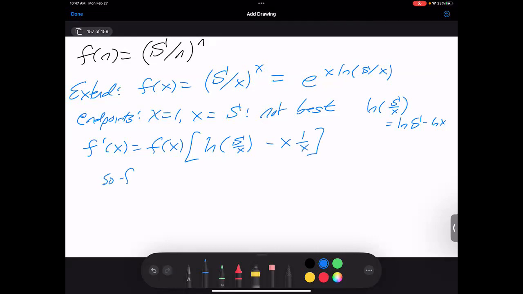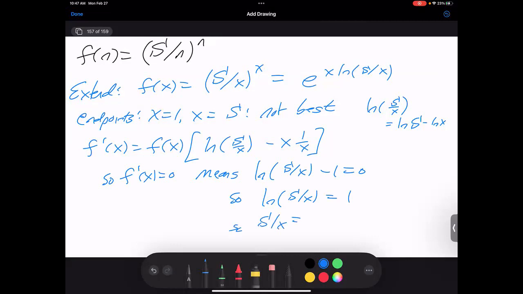So F prime of X equals 0 means the natural log of S over X minus 1 equals 0. So the natural log of S over X equals 1. So what number has a natural log of 1? What number has a natural log of 1?